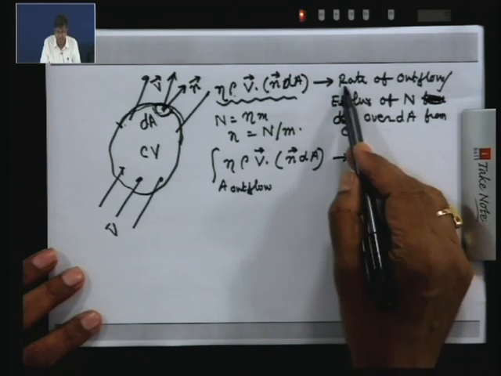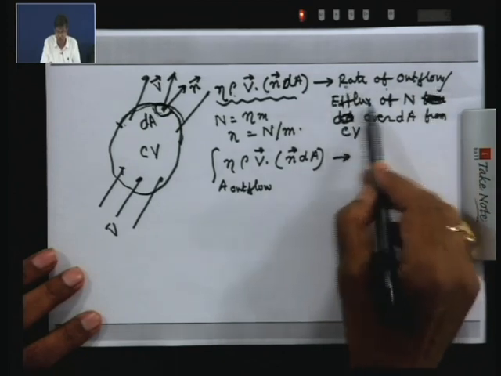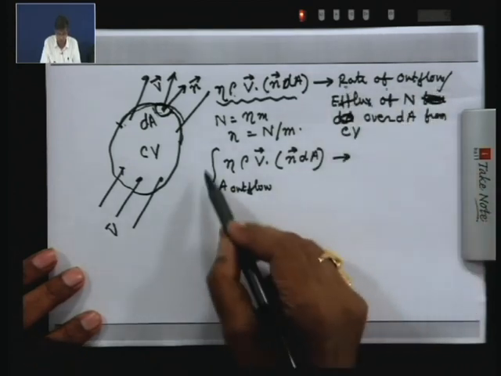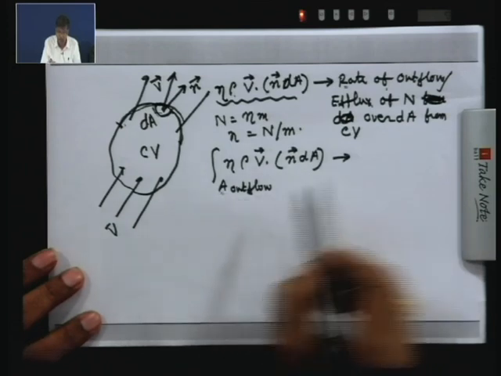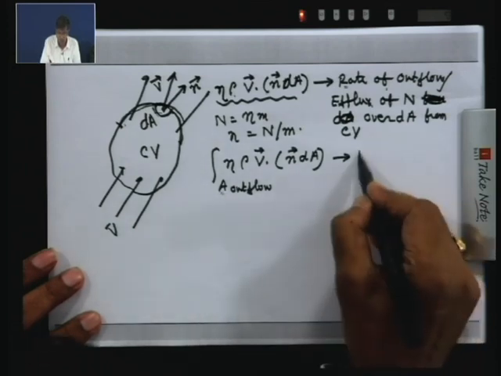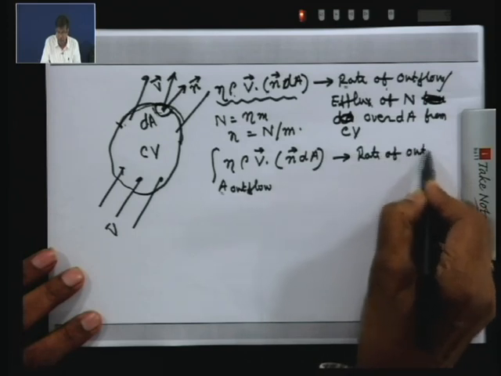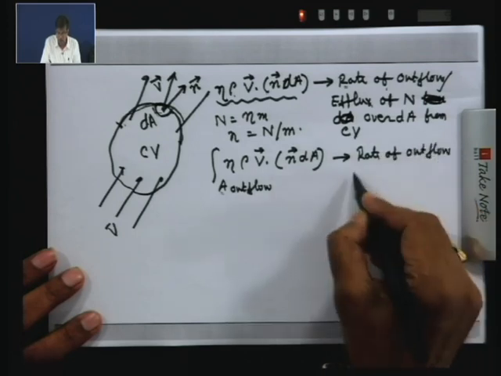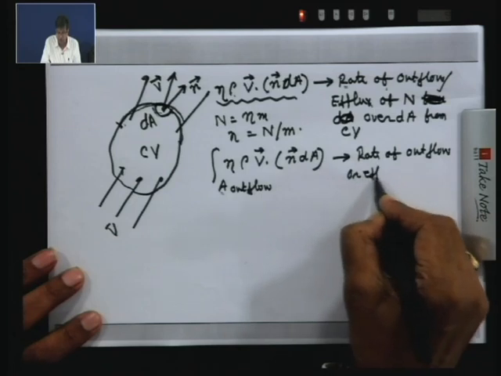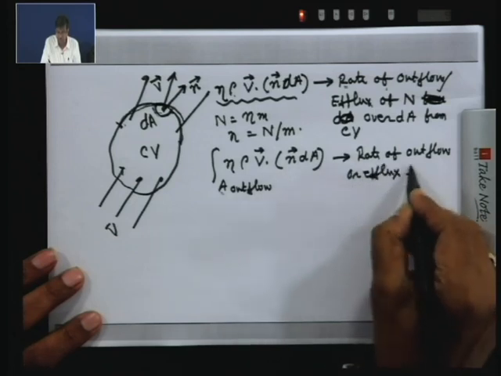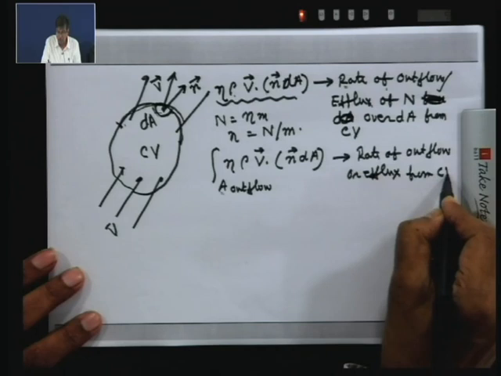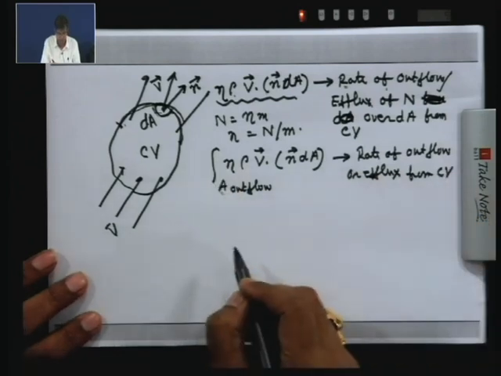I am now writing it again: rate of outflow or efflux of n over the entire outflow area from the control volume, because it takes care of all outflow area.